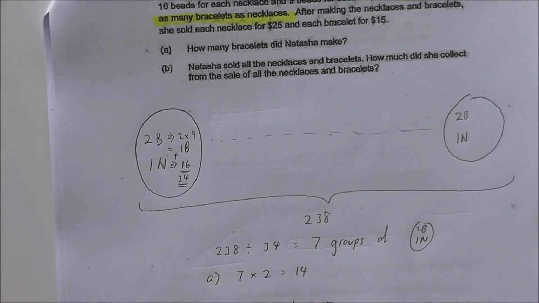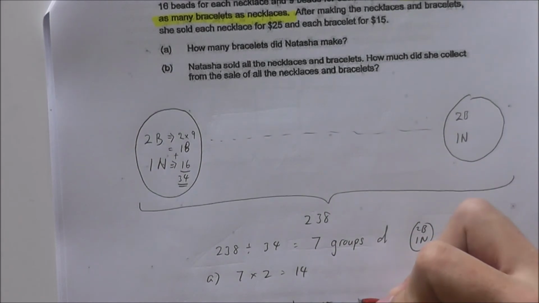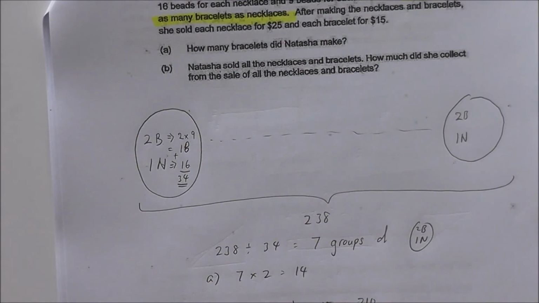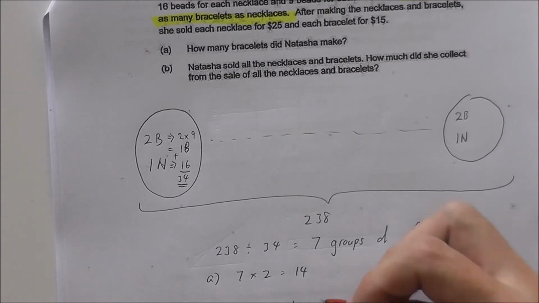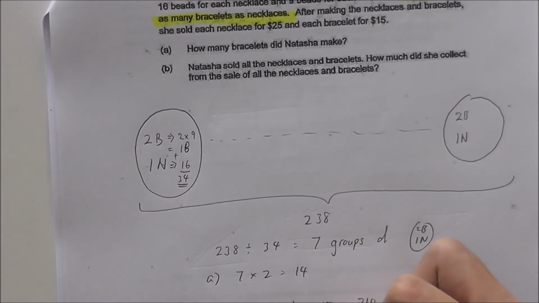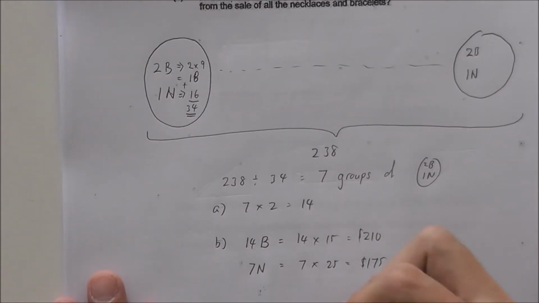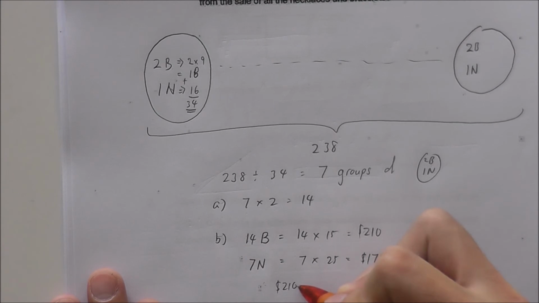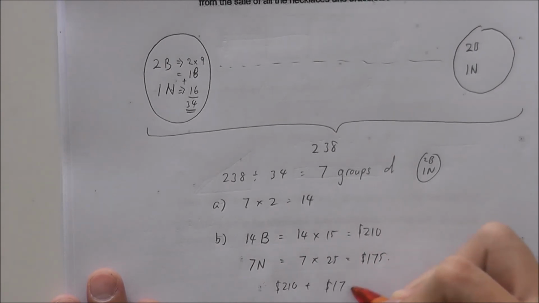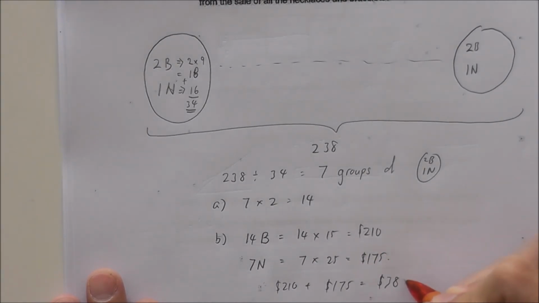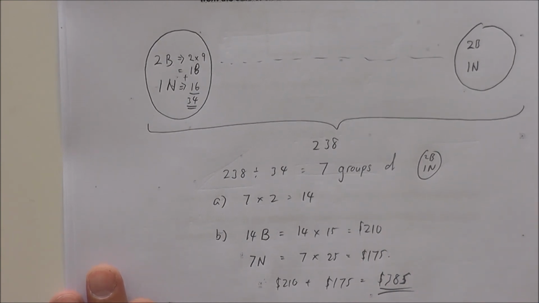That will give us 210. 7 necklaces would be 7 times 25 equals 175. So the total that she collected would be 210 plus 175, 385. Okay, that's the answer.